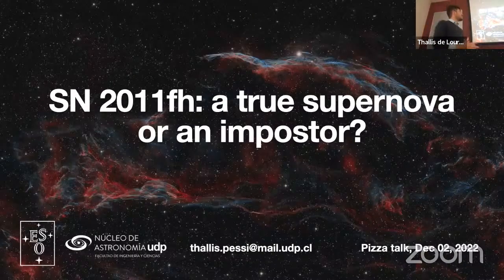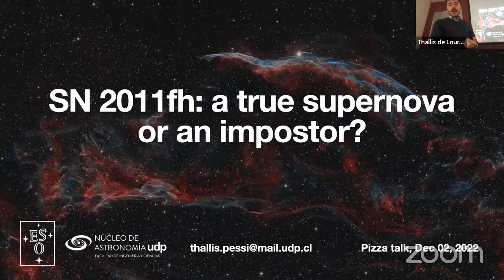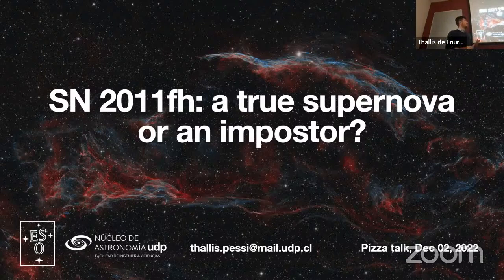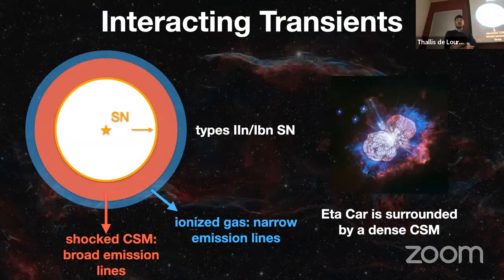So let's start with 2011 FH. This was my first PhD project, and it was this very curious event, which is part of this class of transients called supernova imposters. So first I'll talk a bit about interacting transients.